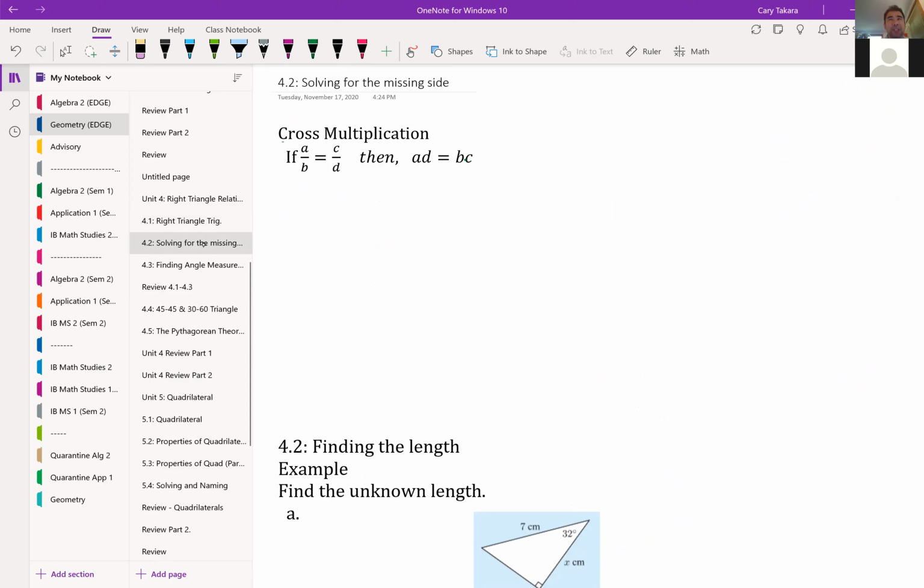Now, cross multiplication is just a way to solve an equation, and it's very useful when you have two fractions equal to each other. Please write this down.